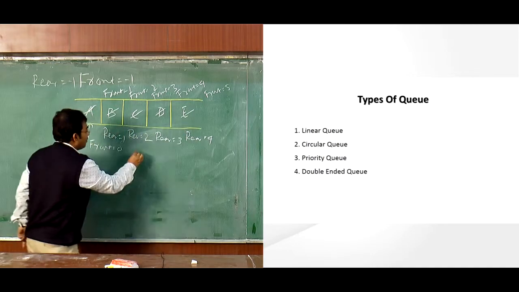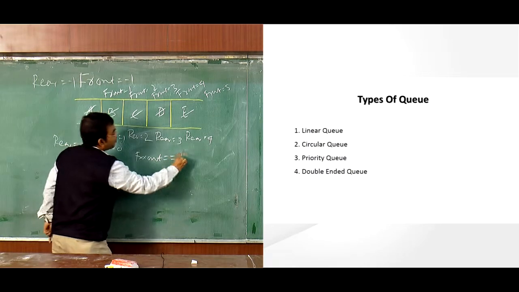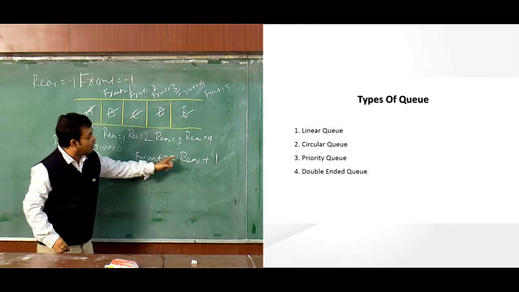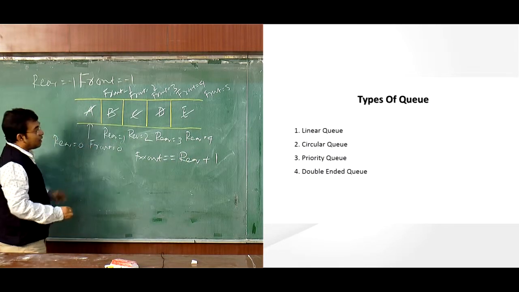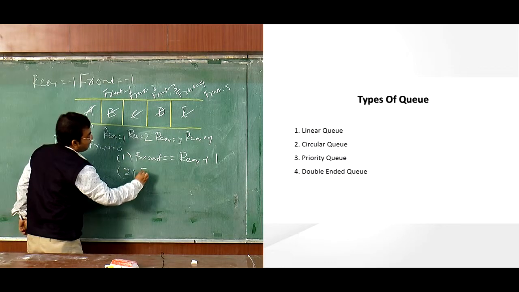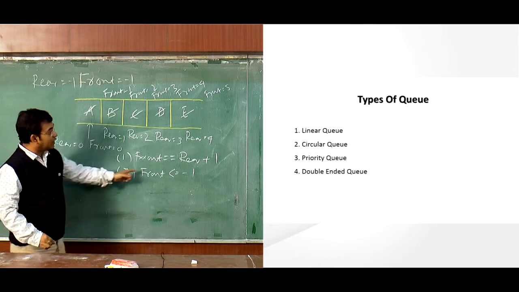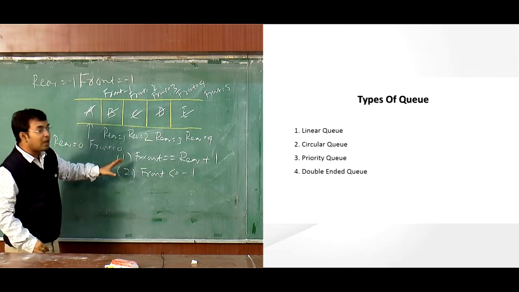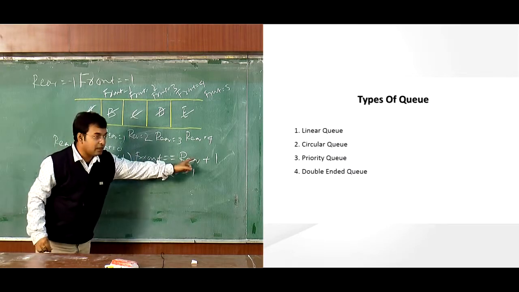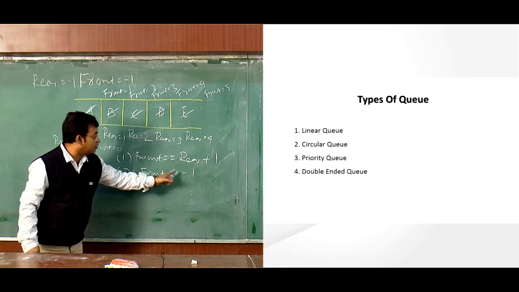So we can write front is equal to rear plus 1. The second empty condition is front is less than or equal to -1. So there are two empty conditions to check whether this queue is empty or not. Either you can check front is equal to rear plus 1, or you can check front is less than or equal to -1.